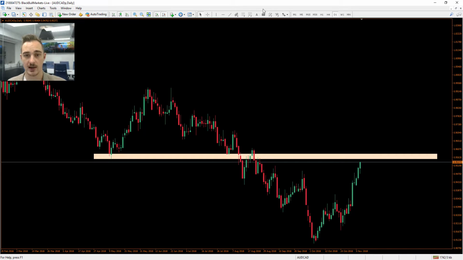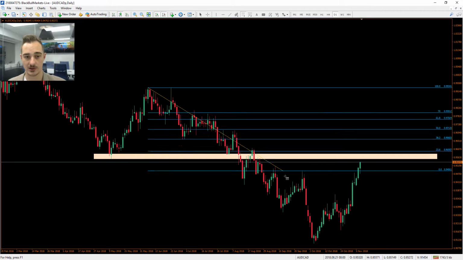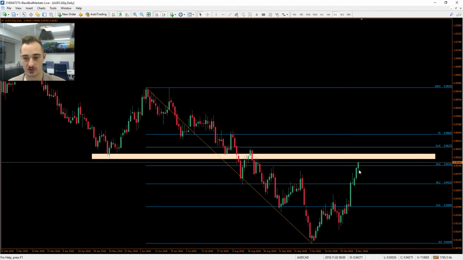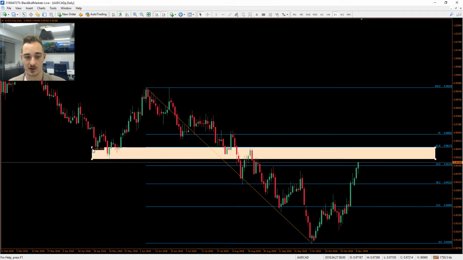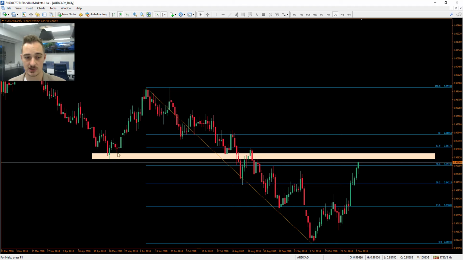So we are looking for a potential bounce or break. We are also using our Fibonacci levels, and you can see it has gone past that 50% level. If it does go past that, we can look for a potential 61.8 as well, as it is close enough to that high we have had.